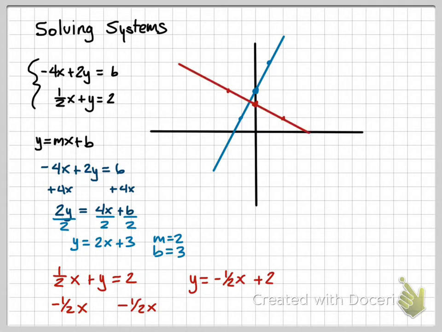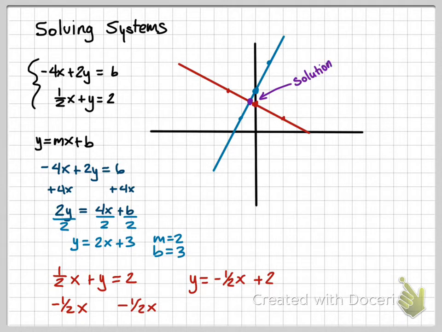Now we have this. When we solve these two, we're looking for exactly one x and one y. That's the whole point of having a system. On a graph, the only place where they both have the same x and the same y is right where they cross. So our solution is actually where these two lines cross. That's where our x and y are going to be the same.